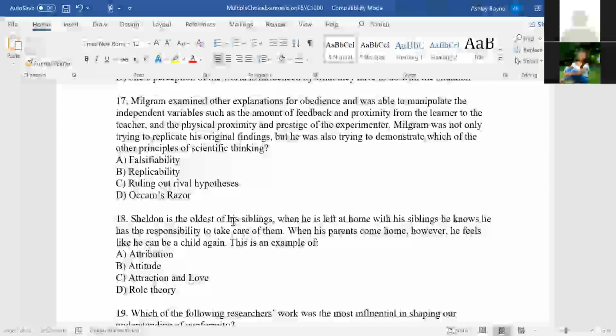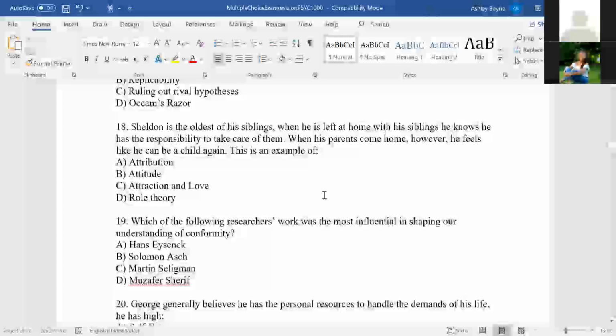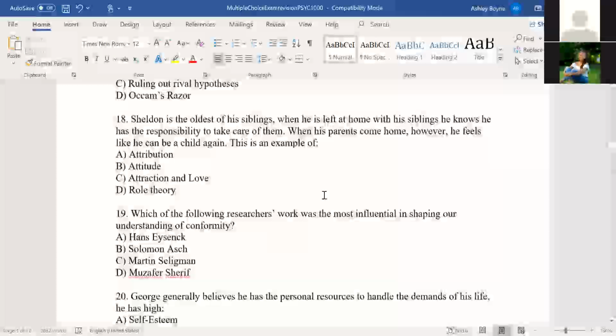So you can look this up, the Bay of Pigs, and that's associated with groupthink. Okay, we're all good with number 14? Okay, moving on. So we're at number 15 now.